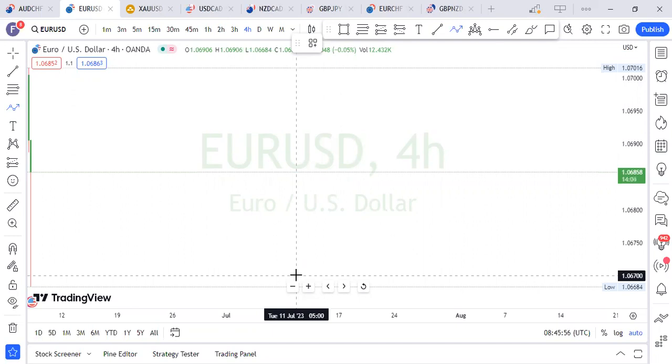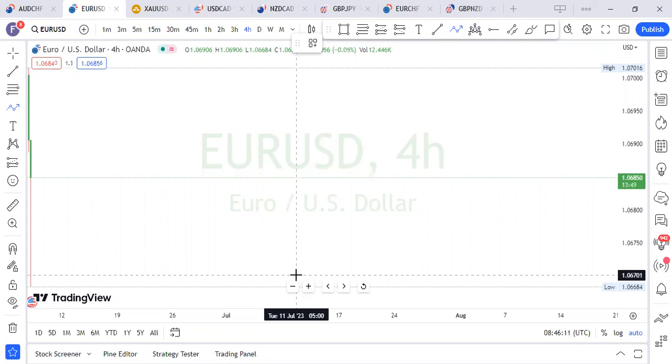Wait for a new structure, lower high, to form to confirm our directional bias, or to confirm trend change, however you like it.